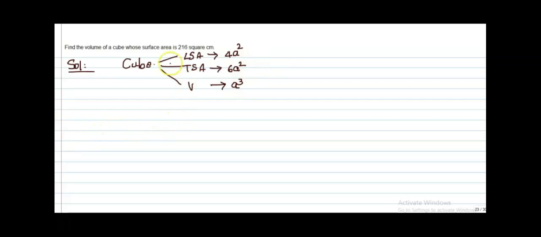Now here it is given that the surface area of a cube is 216 square centimeters. By default it is taken as total surface area because it is not mentioned as lateral surface area.